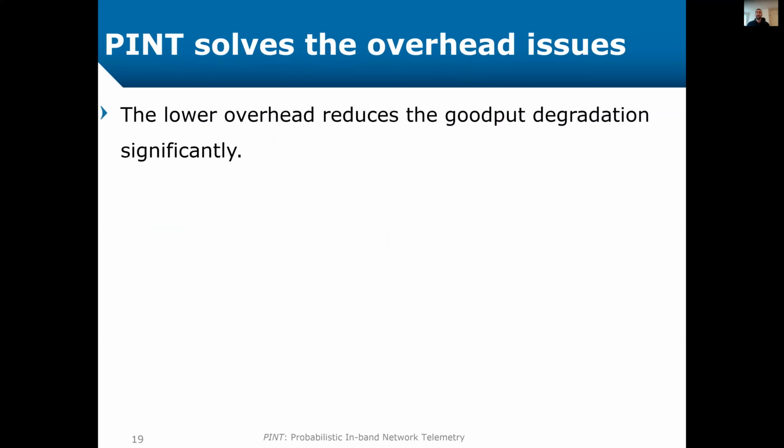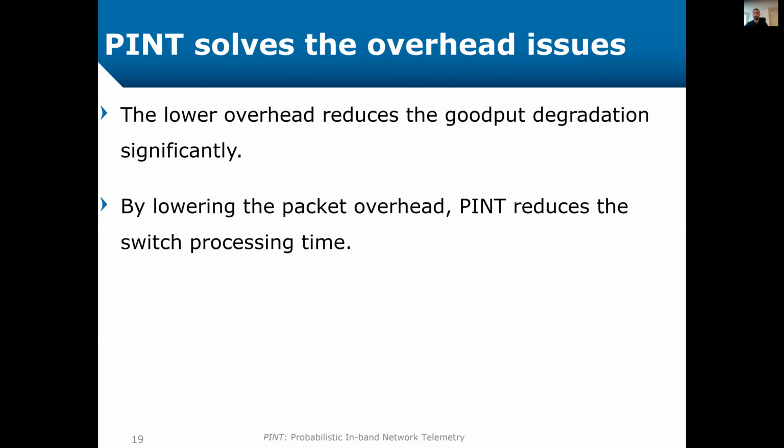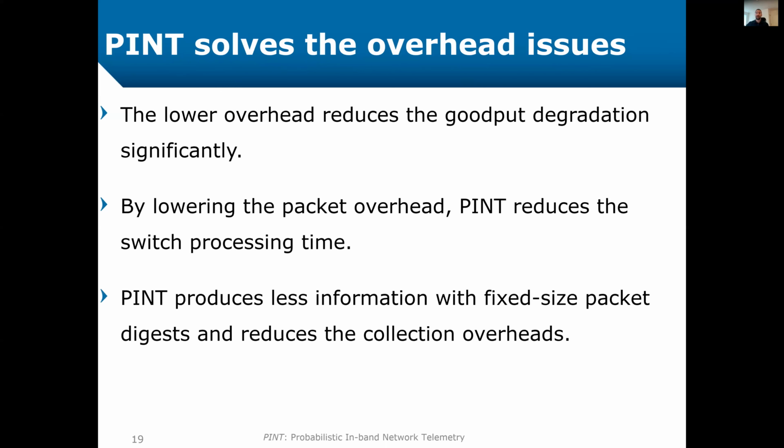This allows us to solve the overhead issues. Because we have a lower overhead, we don't degrade the output as much as INT does by adding a lot of bits. We also reduce the switch processing time, and we use a fixed size packet digest that allows us to be more compatible with processing systems and reduce the network overhead.